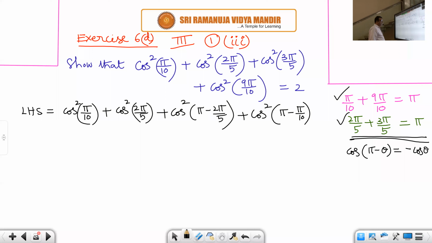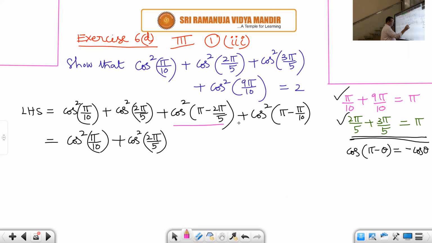So cos of pi minus theta is minus cos theta, but since the square is there, there is no problem.